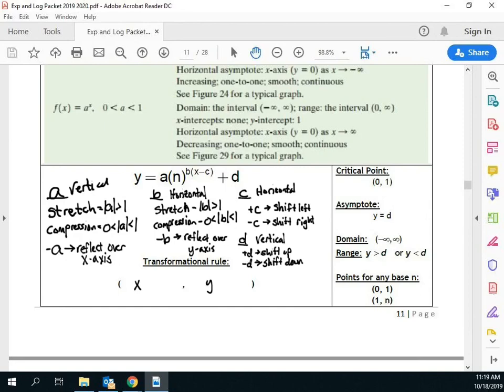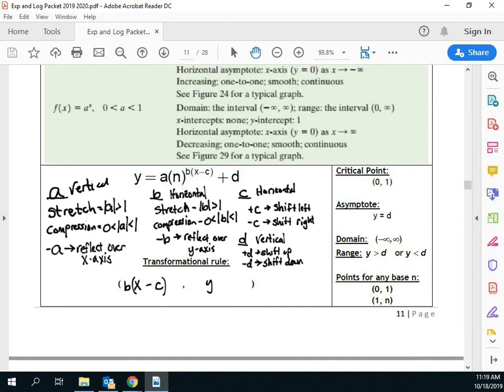If it's C, we're going to do the opposite of C, correct? So we're going to say minus C and multiply it times whatever B is. So basically just take whatever the exponent is, right guys? B parentheses x minus C.